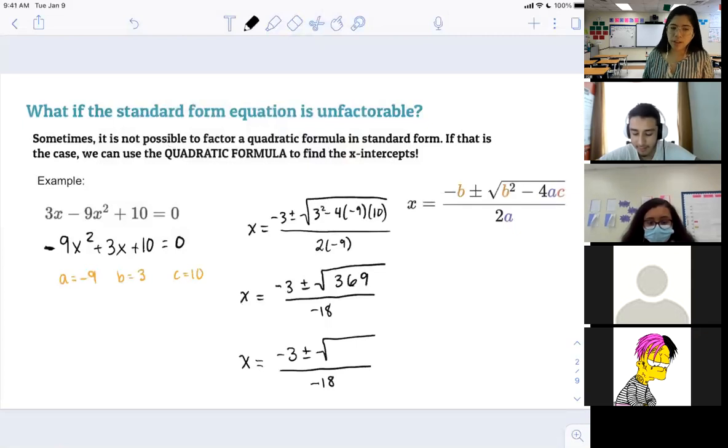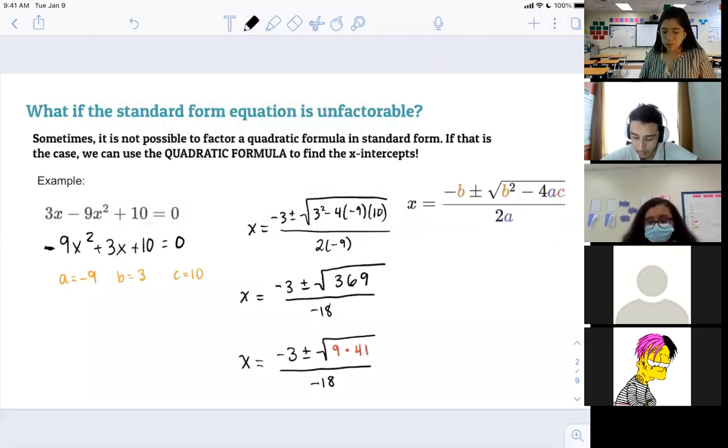What is a factor of 369 that I can take the square root of? 9, because we can take the square root of 9. So 9 times what gives me 369? 41. Does 41 have any factors? No, it's a prime number.